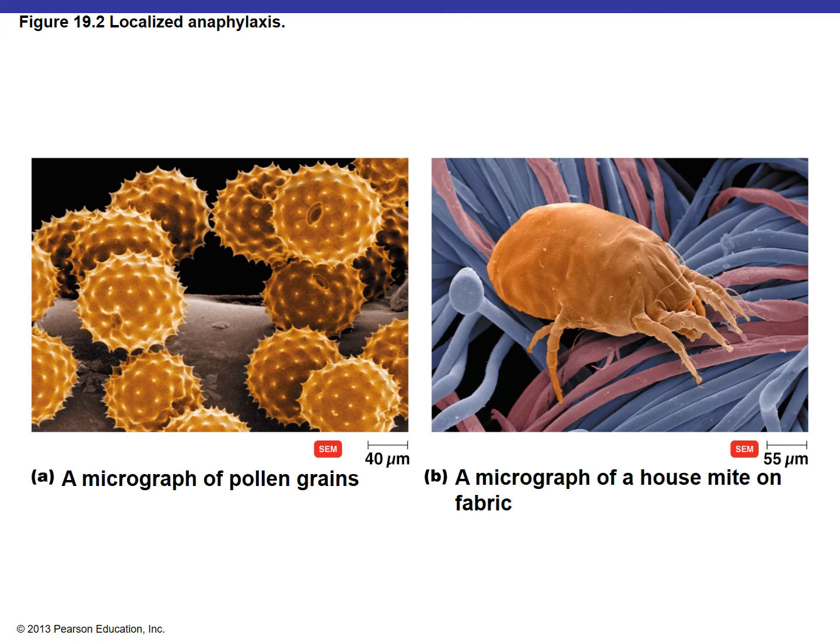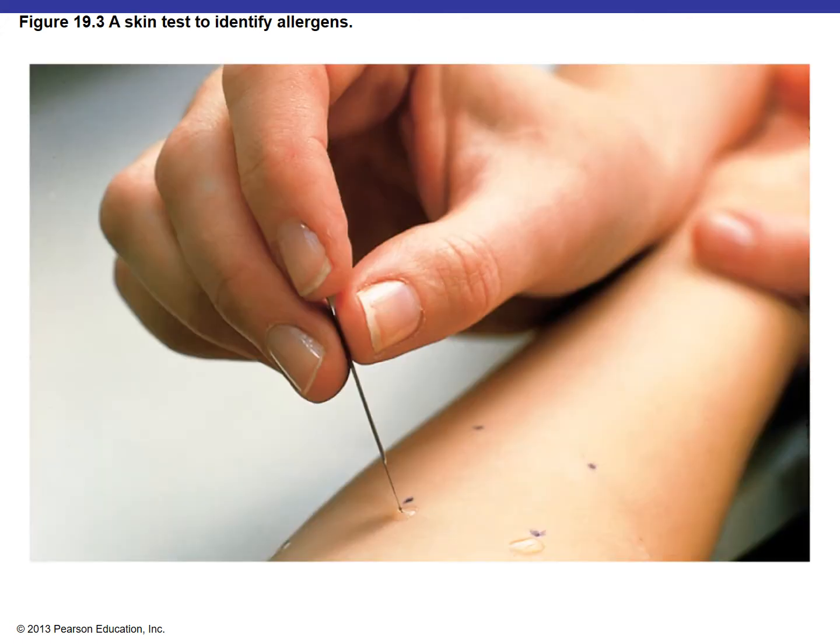Determining whether you have sensitivity to allergens is done by this type of testing. Okay, a skin test to identify allergens, and what they do is they inoculate a small amount of a suspected antigen, or allergen, just below the skin.